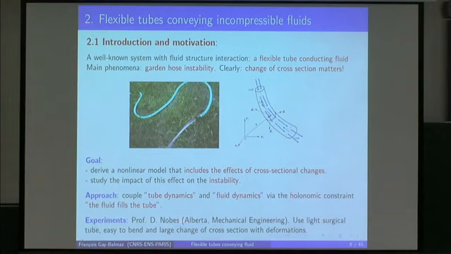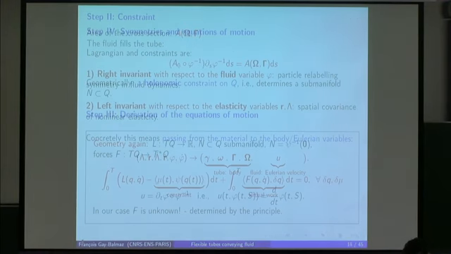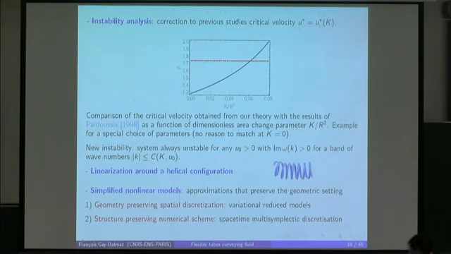So he uses a medical tube, right, in which case the change of cross section makes a big impact on the instability. So we were able to confront our result. Our result is here for specific values of the parameters.